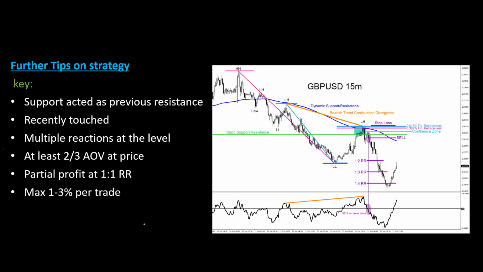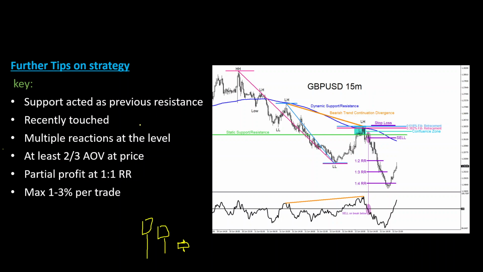Multiple reactions at that level. So we can have multiple candlesticks, really long wick candles, or even indecision doji candles like this form. At that level, we can see that price is reacting. We want at least two out of three areas of value.